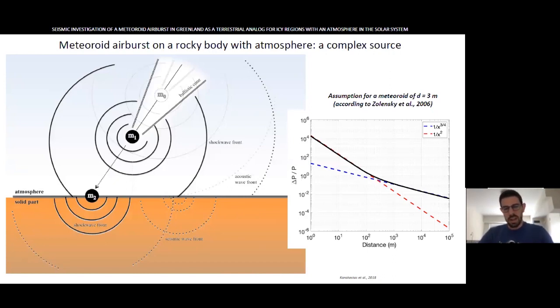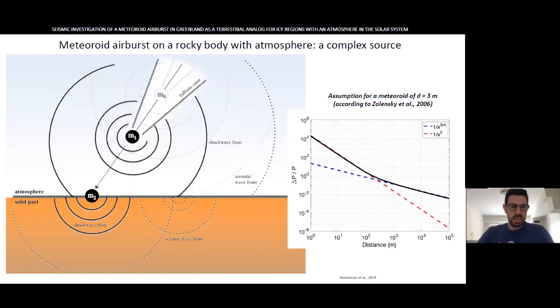On the right part of the screen is how the overpressure due to this shock wave evolves with time and the distance the wave travels. At some point this wave becomes a linear wave and we don't detect the shock wave anymore. In this case, we consider this to happen about 100 meters from the source, which is at about 43.3 kilometers of altitude. So we try to understand how the seismic waves that we detect are generated.